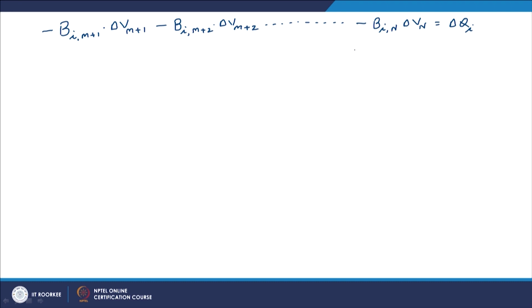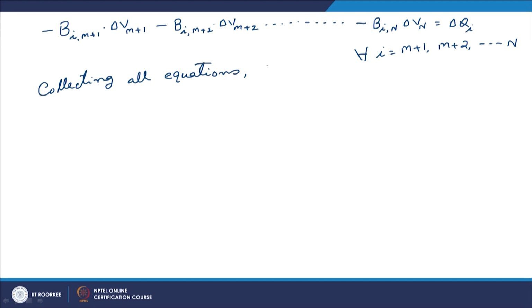So, this is true for all i varying from m plus 1, m plus 2 to n. So, then again if we collect all the equations, what do we get?